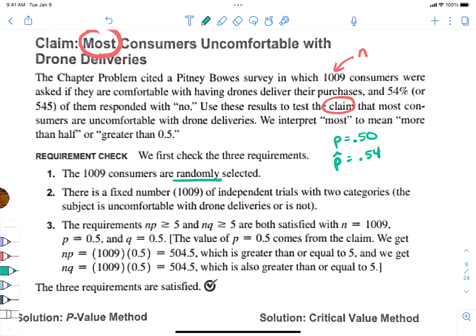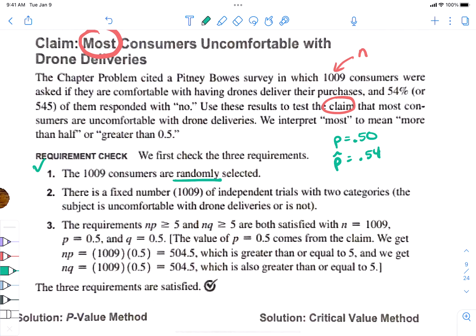But anyway, so unbiased, a randomly selected sample of 1,000 consumers. There is a fixed number of independent trials, and we have to have 2 categories. Okay, what are the 2 categories that we're talking about here? Of that 1,000, we're asking them this question. Comfortable or uncomfortable. It's like a binomial, either yes, no thing, okay? So we check those 2 boxes.